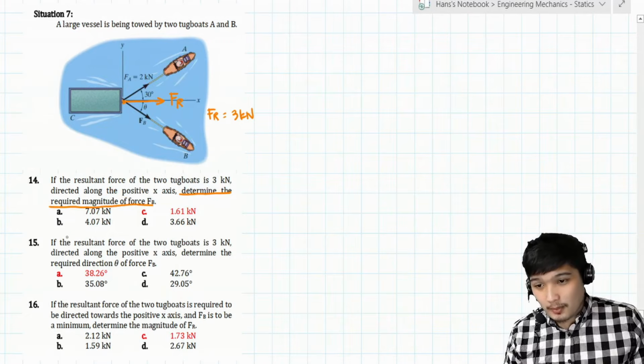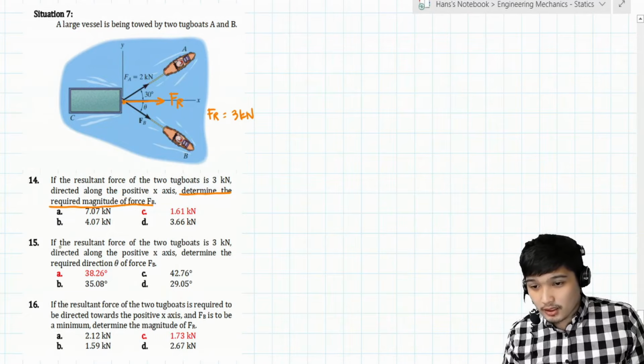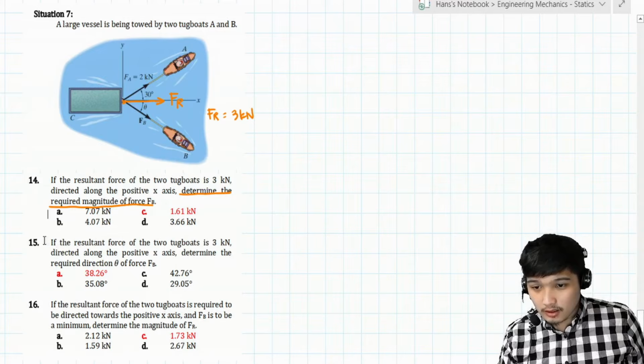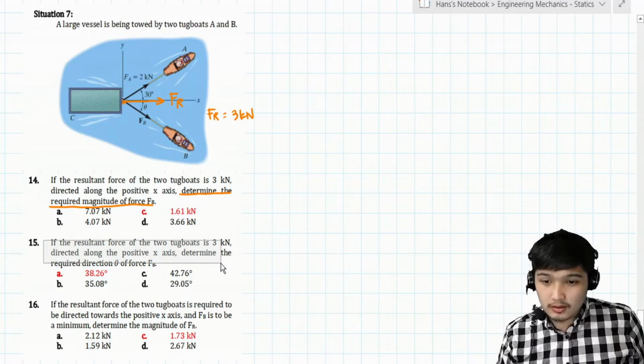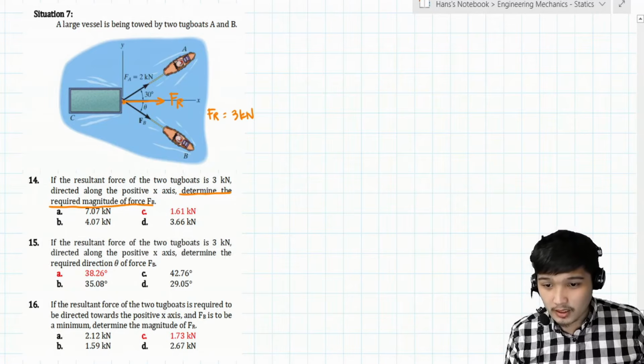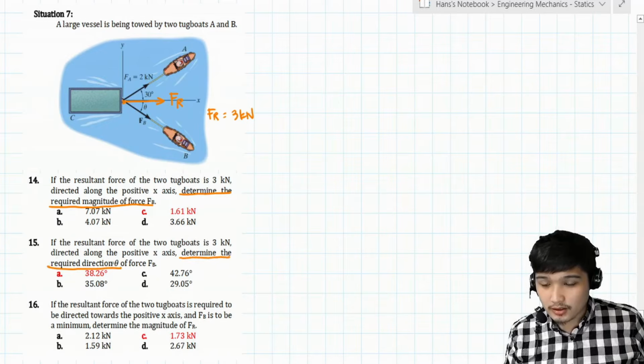Okay, next. Number 15. If the resultant of the force of the two tugboat is 3 kilonewton directed along the positive x-axis. So, the same. So, determine naman daw the required direction. Okay, so sabay lang natin na masolve yan, yung magnitude and direction.